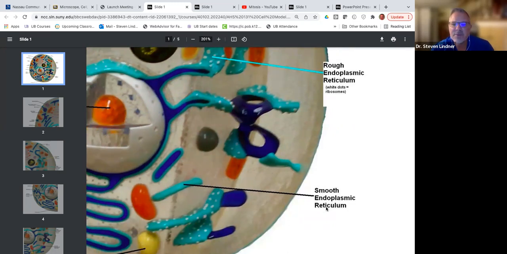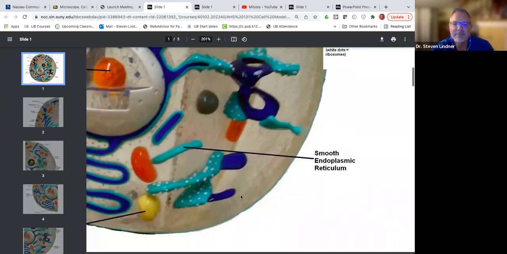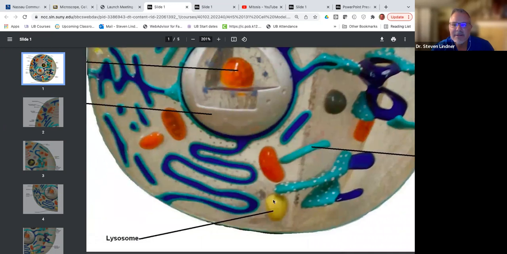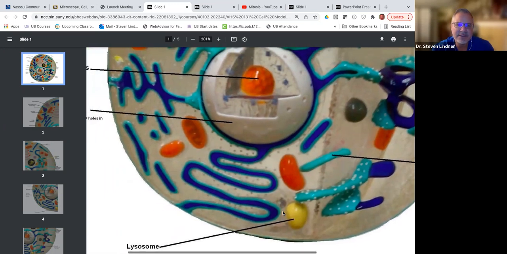So that's the smooth endoplasmic reticulum. Moving down at about 6 o'clock, that yellow structure is the lysosomes. Remember, that has the digestive enzymes and hydrogens that can clear debris from the cell. So when it opens up and dumps the digestive enzymes and hydrogen, that acidity destroys whatever that pathogen is.